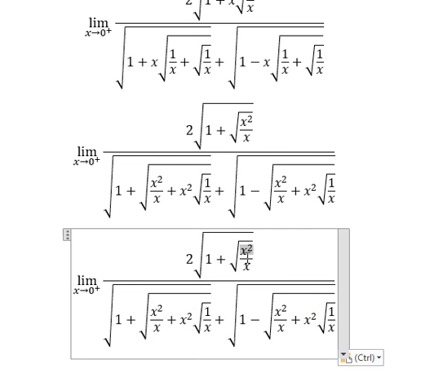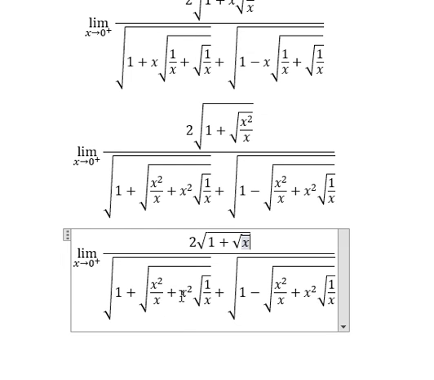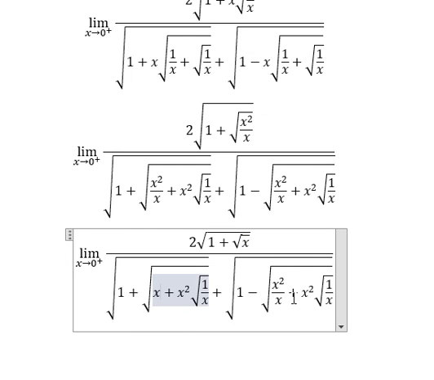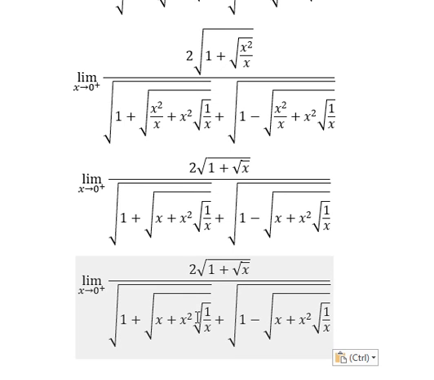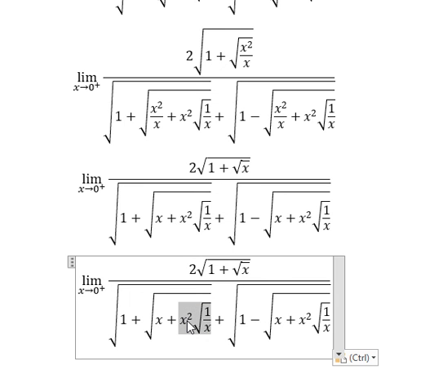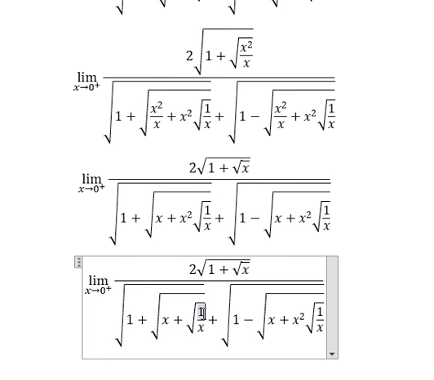So this one we have s, this one we have s, this one we have s. Now s square goes inside the square root, and that is s to the power of 4.